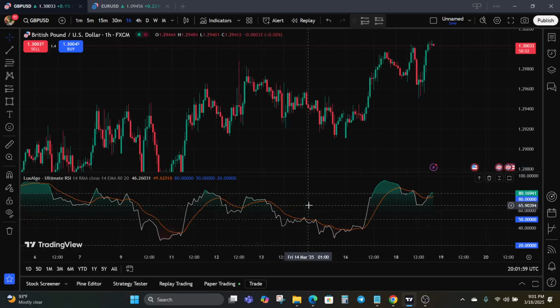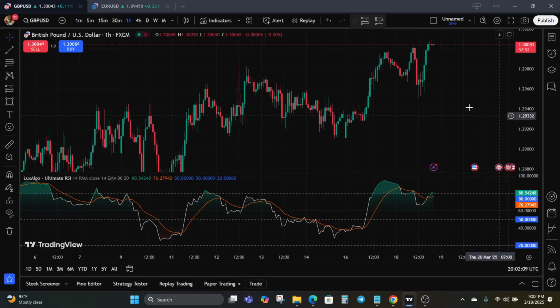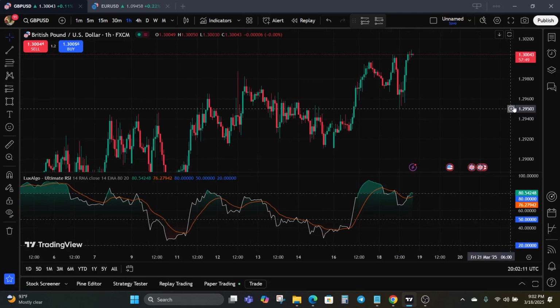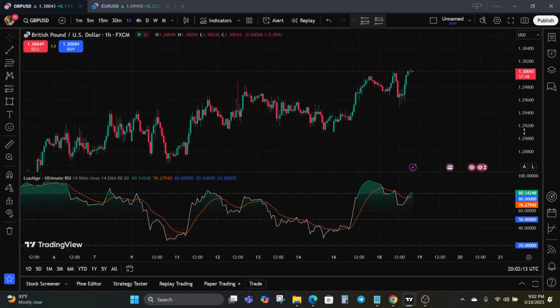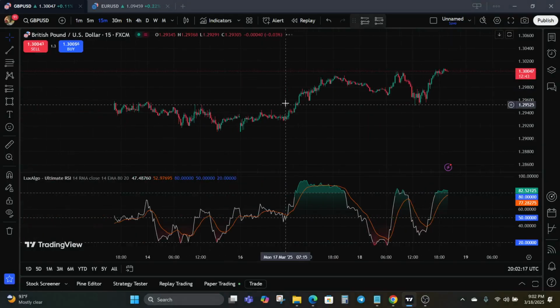So the ultimate RSI indicator adapts to market conditions, giving effective signals. Now, the fact that it gives good signals does not mean that it guarantees profit. I just need to put that out there, so that you set your expectations right.